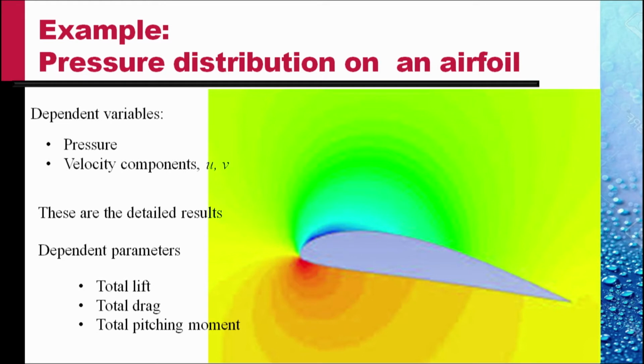For a given experiment, there is one value of total lift, there is one value of total drag, or a pitching moment, the moment that tends to pitch the nose of the airfoil up. And that also is a dependent parameter, a result of the experiment, a result of calculations.